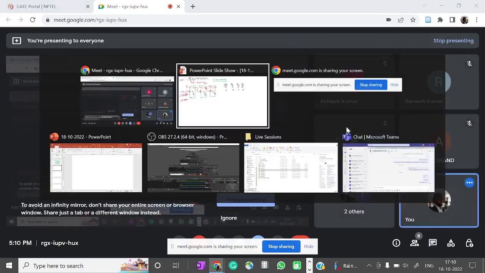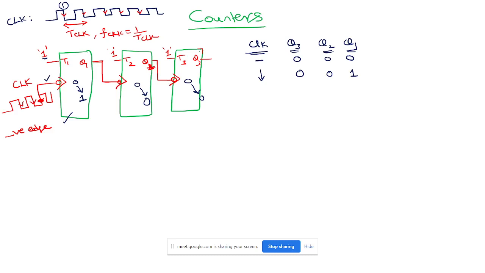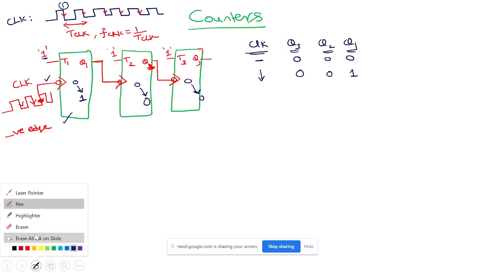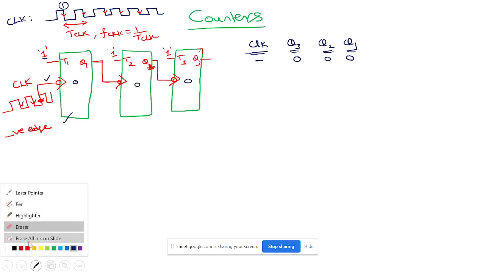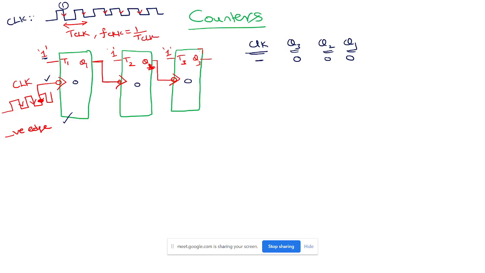So what I'm trying to say is, let me erase this bit. This is how a clock waveform will look. These flip-flops are in toggling mode.